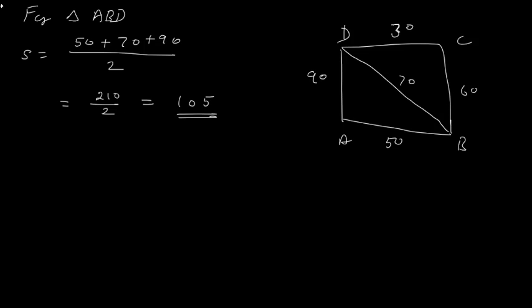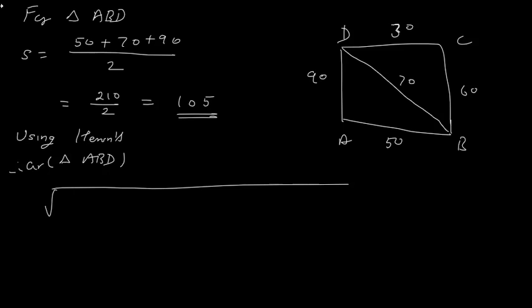So therefore the area of triangle ABD, using Heron's formula, is equal to root of S into S minus A, S minus B, S minus C. This is the formula, na? So let us put the respective values.